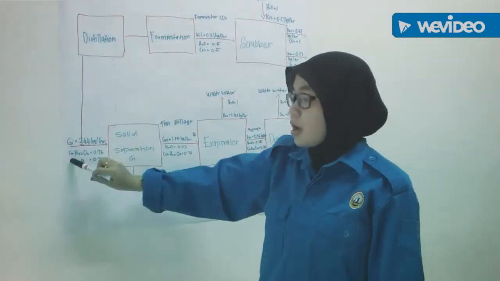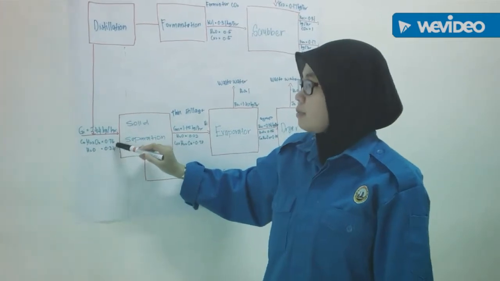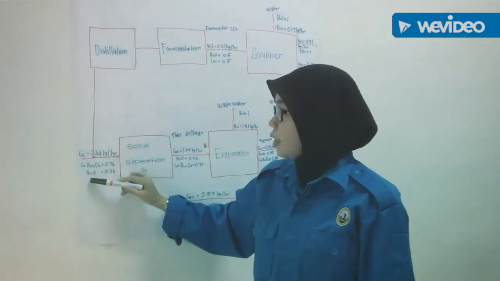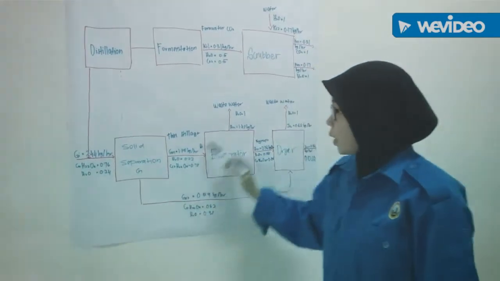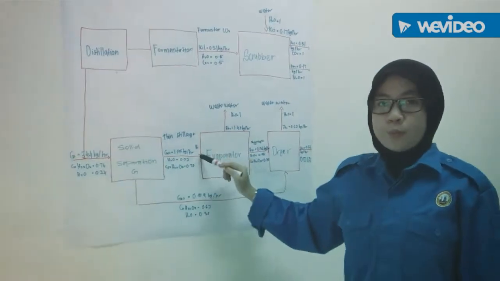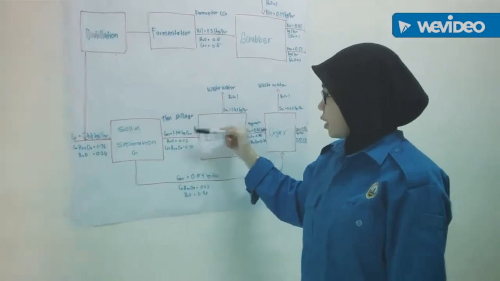At this mass flow rate, we have sucrose with mass fraction 0.76 and H2O 0.24. And then after that, the separation will separate into two parts.